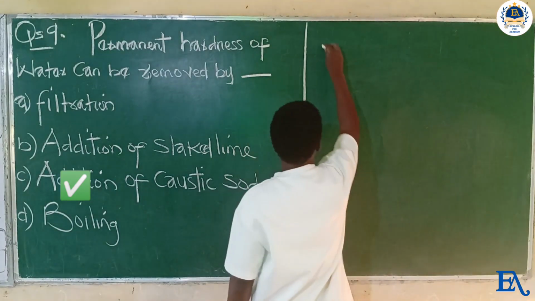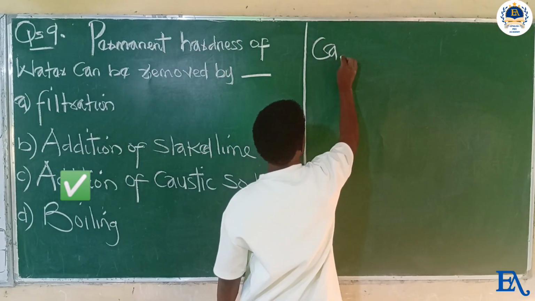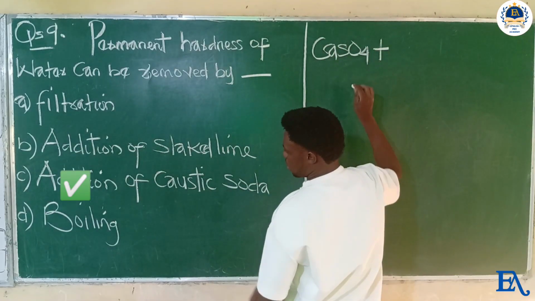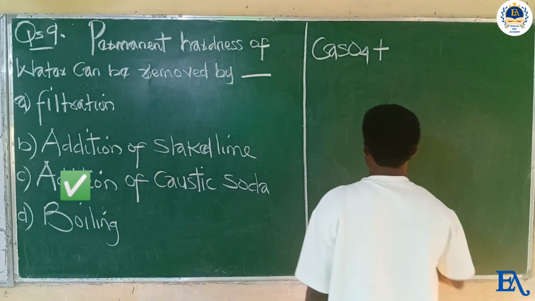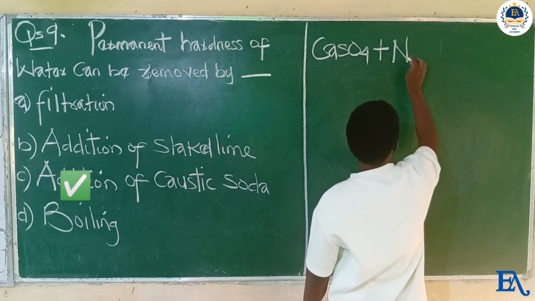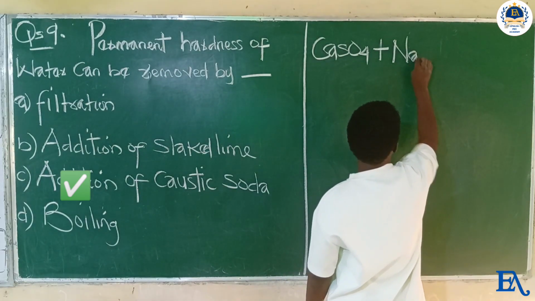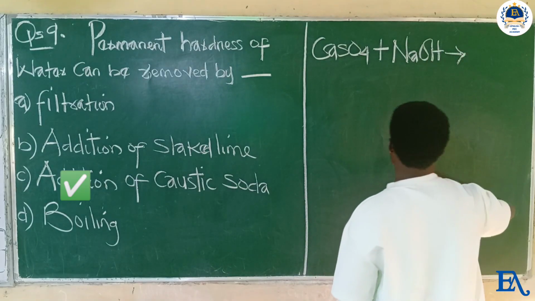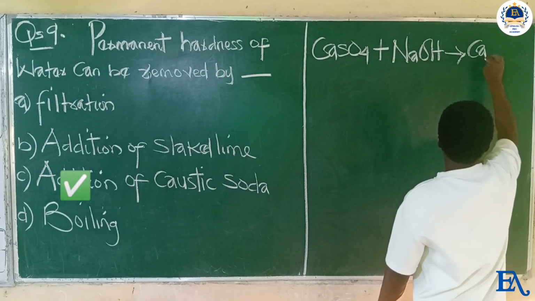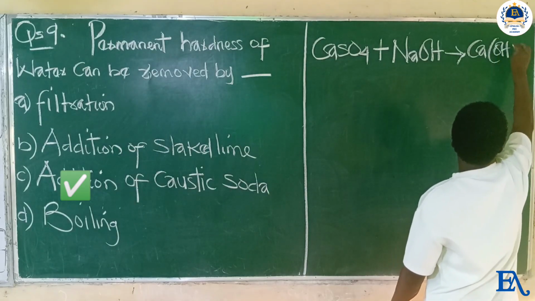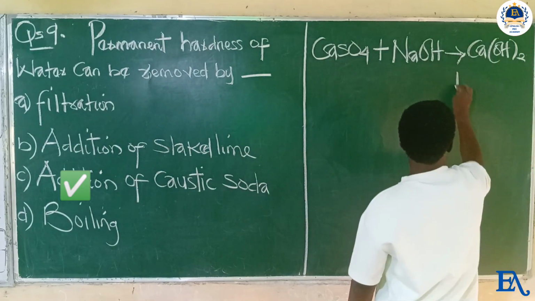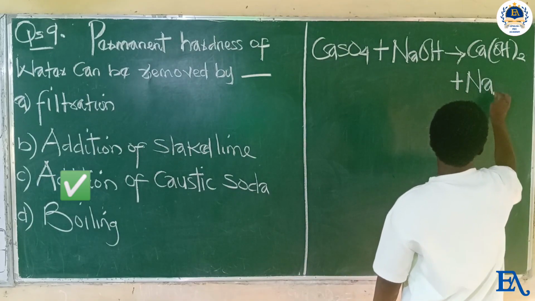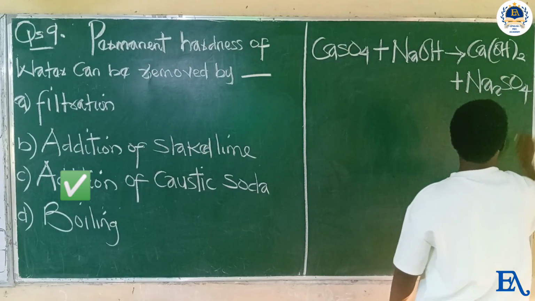If you add calcium sulfate with the option C, caustic soda, which is sodium hydroxide, this will yield calcium hydroxide plus sodium SO4.